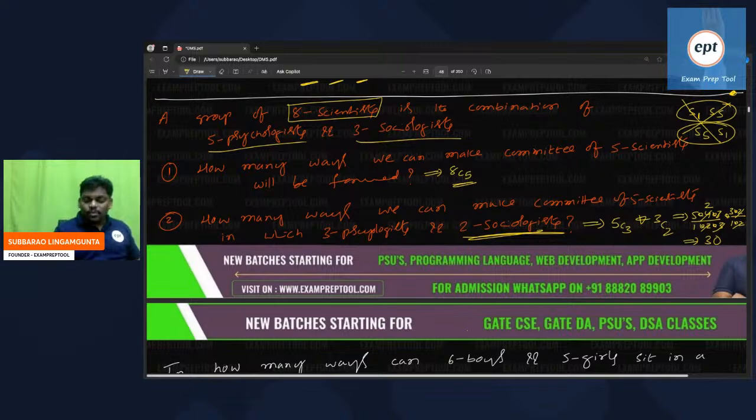The purpose of this problem is that there is no requirement of order; these are just combinations, not permutations. I hope you got all these things.